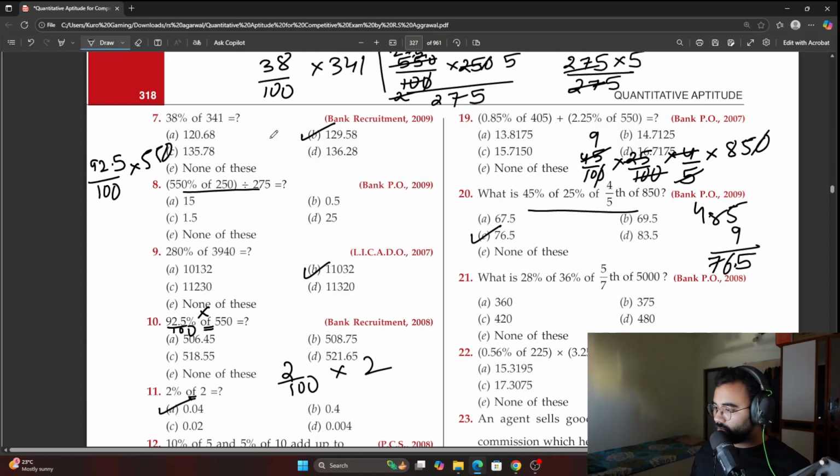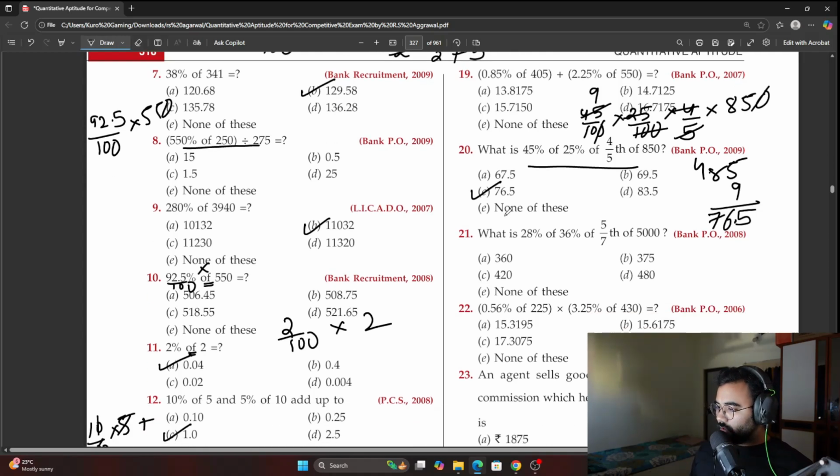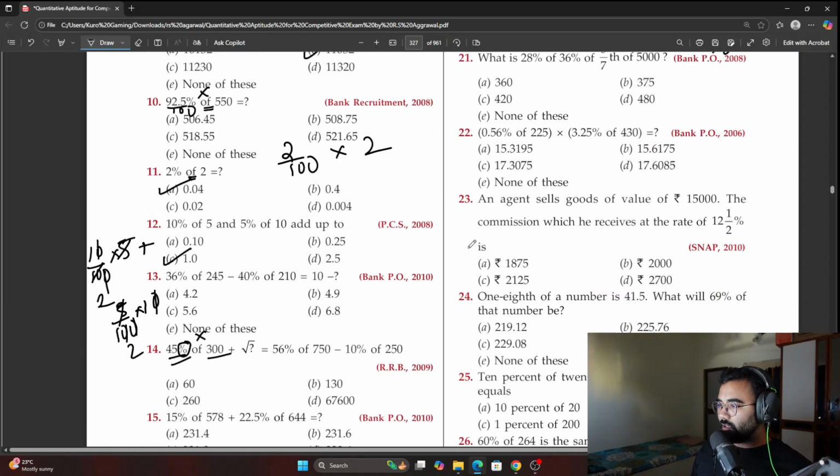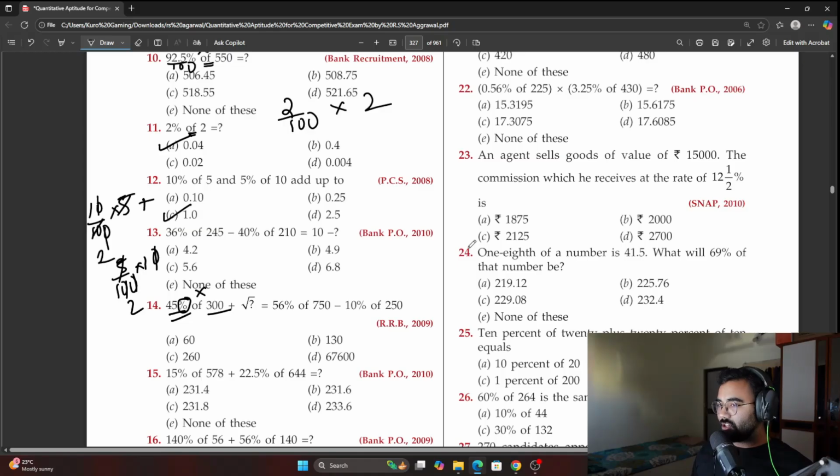All right, now these are word problems. Question number 23. I think a lot of students struggle with word problems. I've also spoken about this in many of my previous videos as well, but I'll again reiterate.